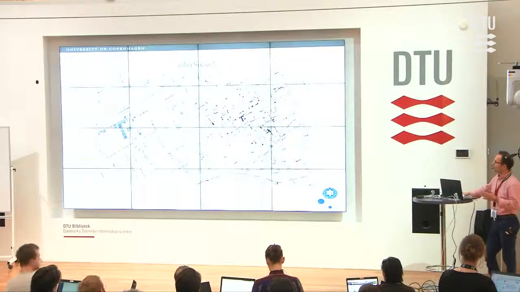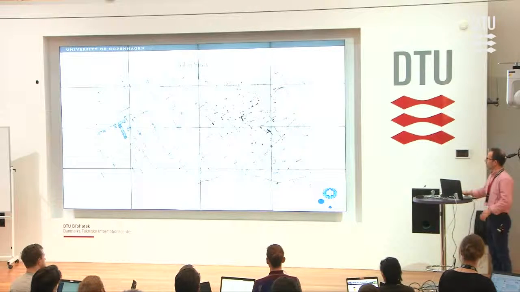And after closing the water pump, they realized that the number of deaths was decreasing. So all this, Jon Snow did because he was one of the first to use a map visualization in order to better understand the data that he was working with.